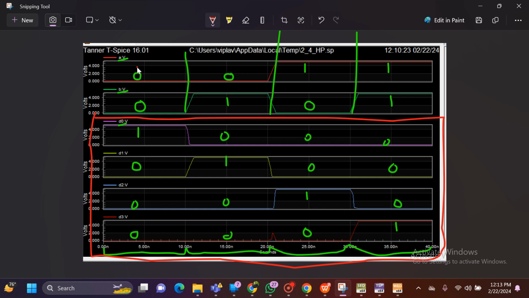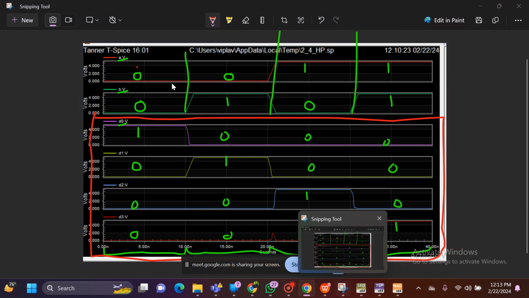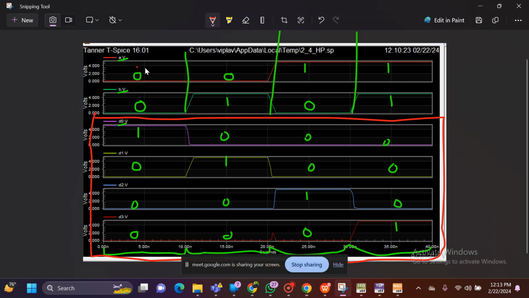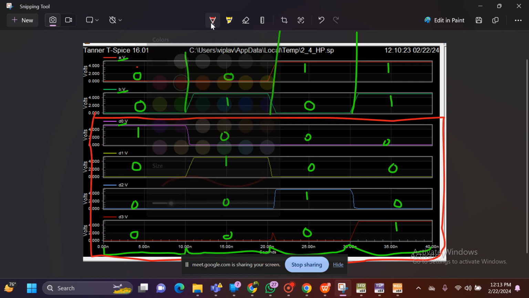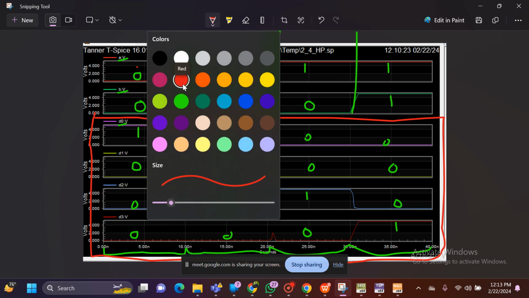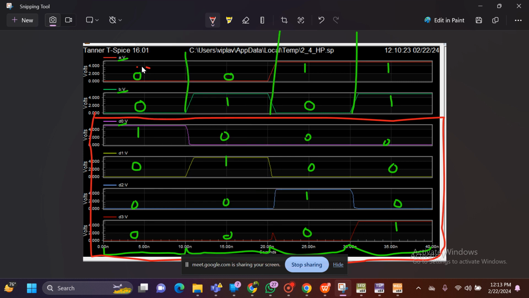See, 1 second. 0 0 is the input. So when both inputs are 0, the D0 pin will be enabled. So that's why the D0 pin will be enabled and remaining all are 0. You can see the remaining 3 outputs are 0. Okay.